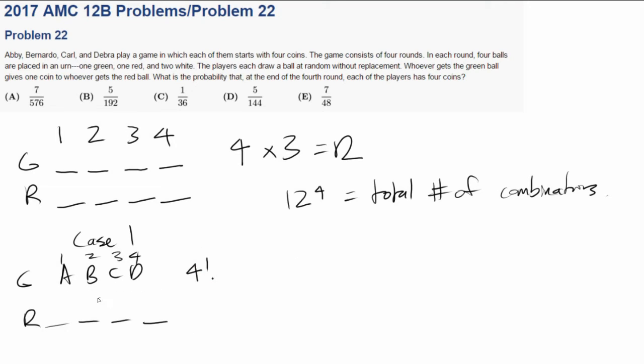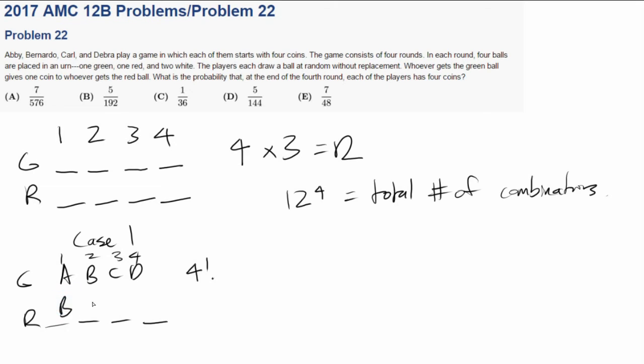Now we have to know, for each of these possible arrangements, say this is one valid arrangement, A, B, C, D, how many ways can we order them for these games such that A, B, C, D appear again later on to get red balls.